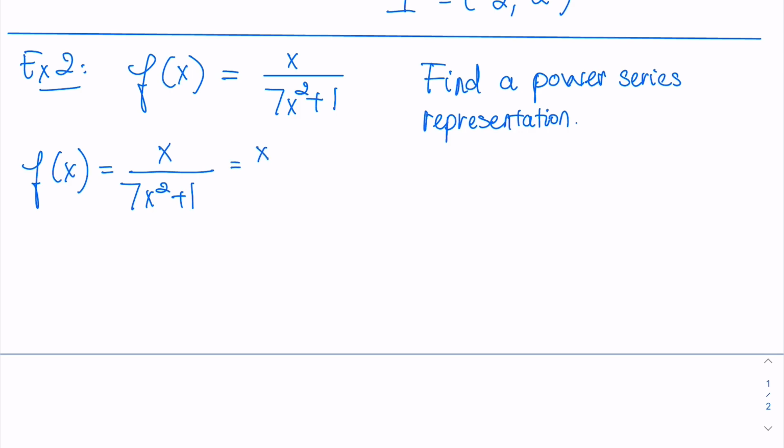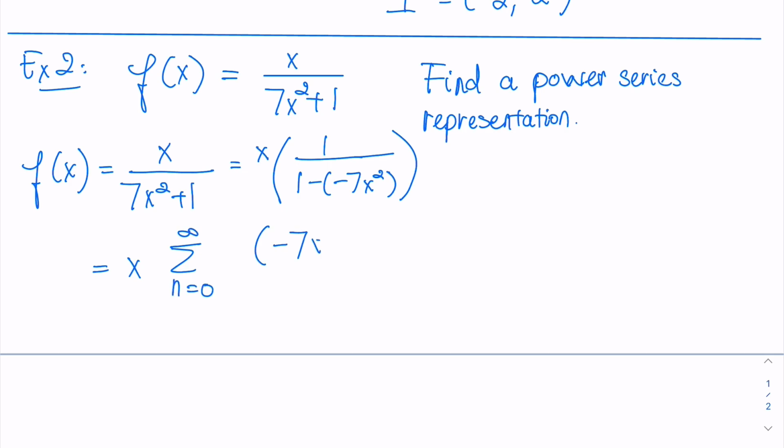And then on the bottom, we have 1 minus negative 7x squared. So what I have is the x outside, and then I have the power series, negative 7x squared to the n power.